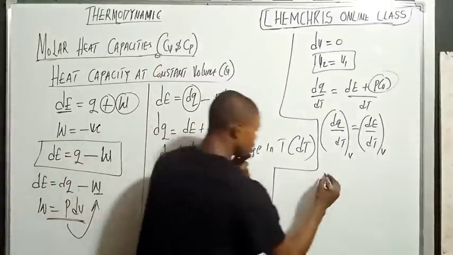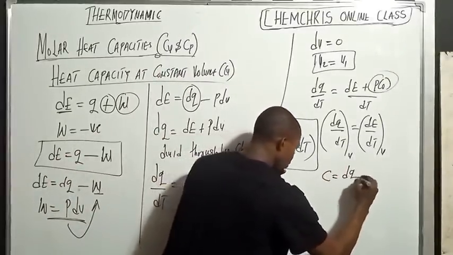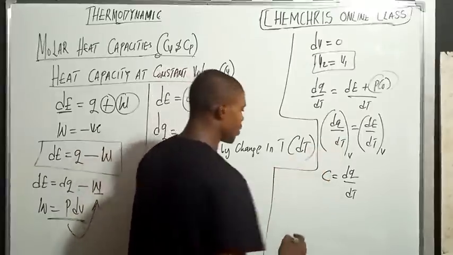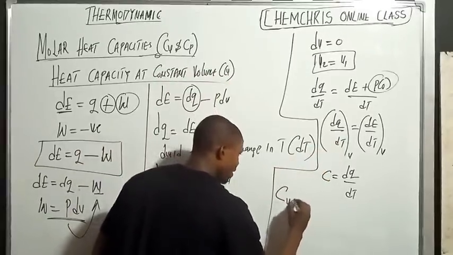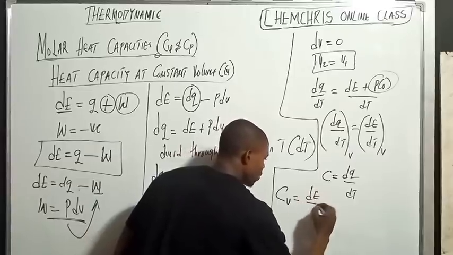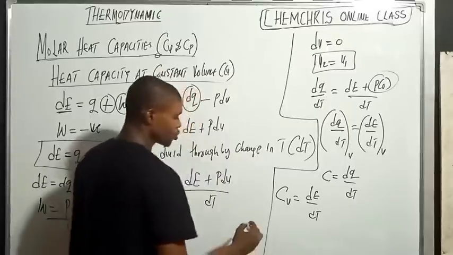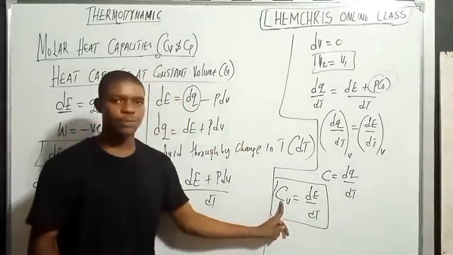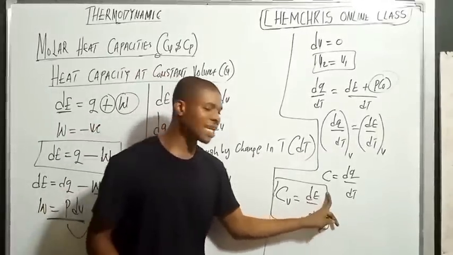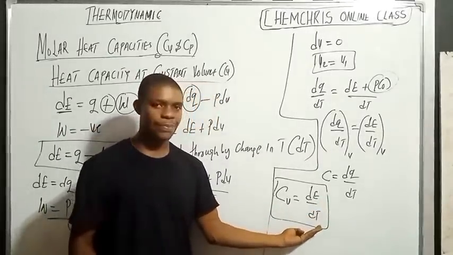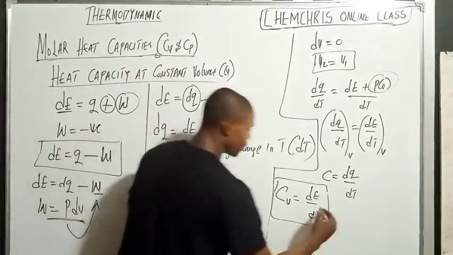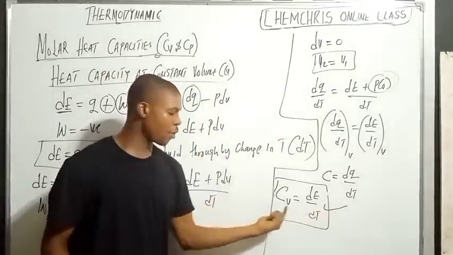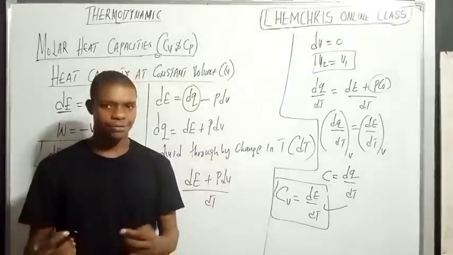So C is equal to change in Q over change in T. If you place it here, you can say C_V equals change in E over change in T. So the heat capacity at constant volume is equal to change in internal energy over change in temperature. This is the formula for molar heat capacity at constant volume.